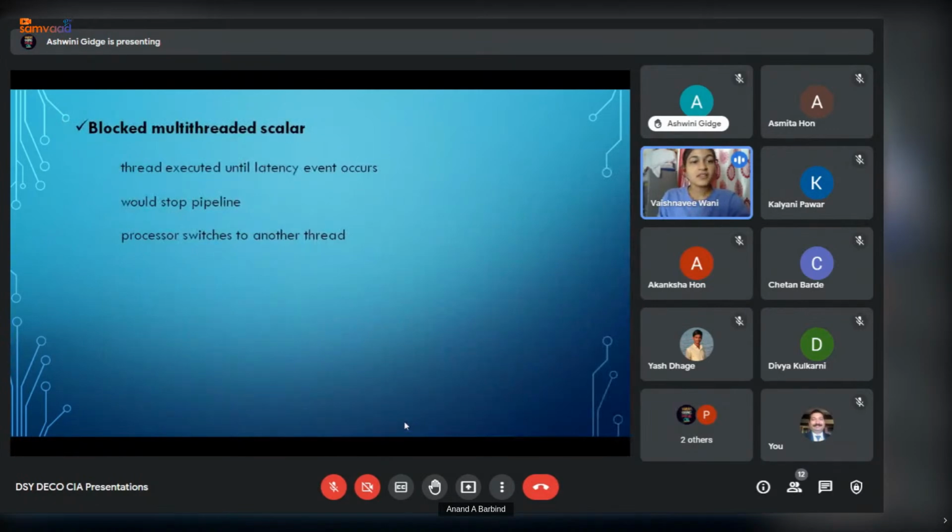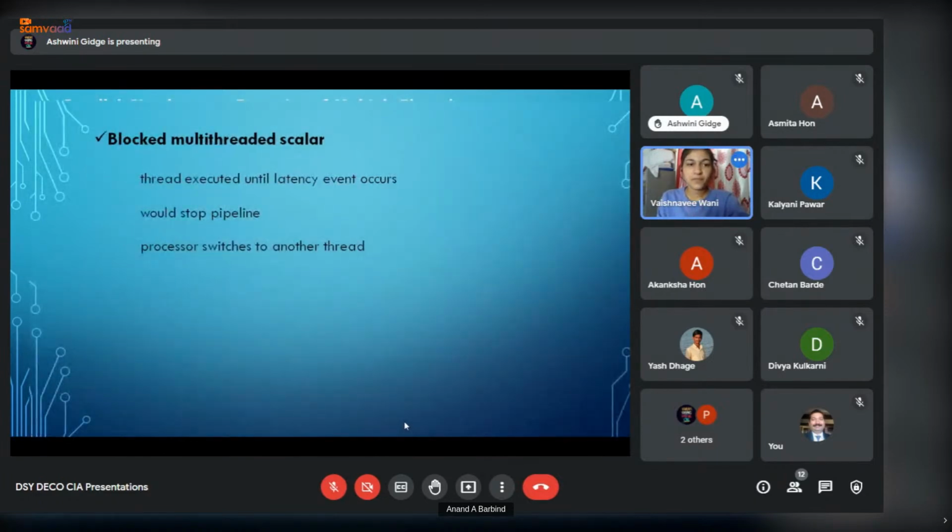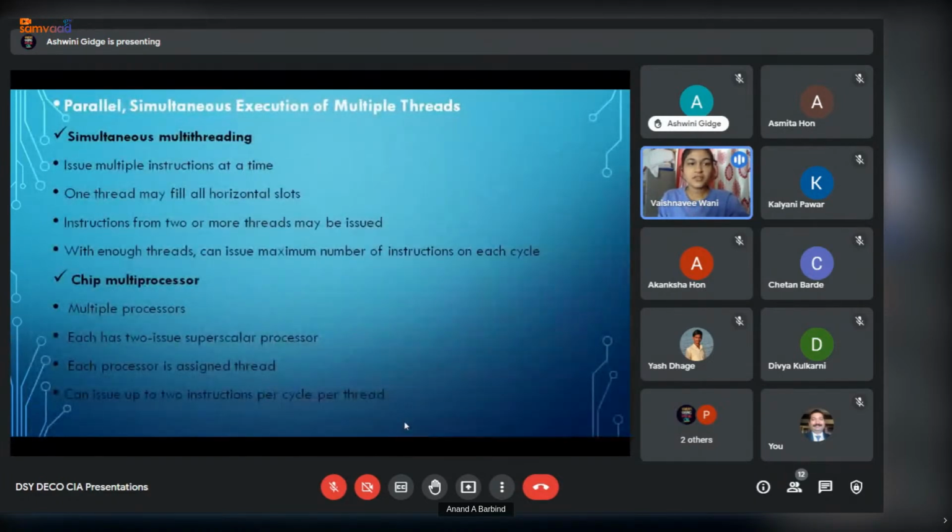Next slide, please. Here is another point, the blocked multithreaded scalar. The thread is executed until a latency event occurs, which would stop the pipeline, and the processor switches to another thread. Now another point is parallel, simultaneous execution of multiple threads.